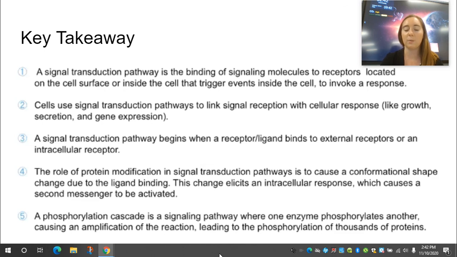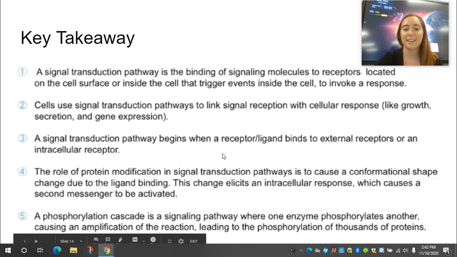We saw that when GDP went to GTP, and through this phosphorylation event, it amplifies the reaction, so thousands of other proteins are also able to go through that process. That is it for understanding signal transduction pathways. We will be doing lots of practice with this in class as well.